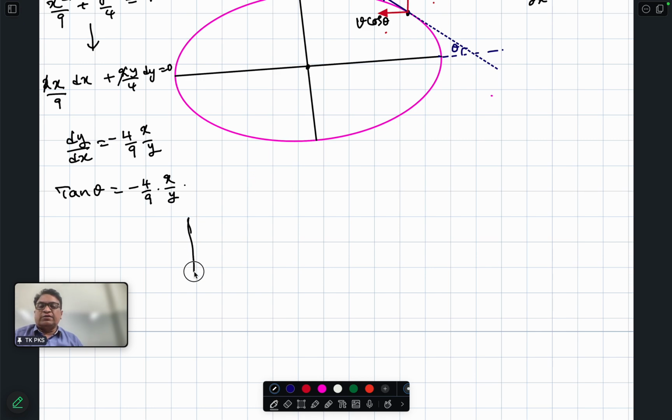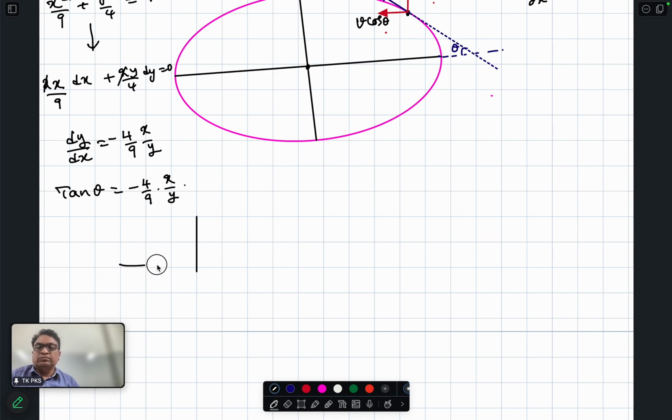Now you take geometry. Tan theta is y square.